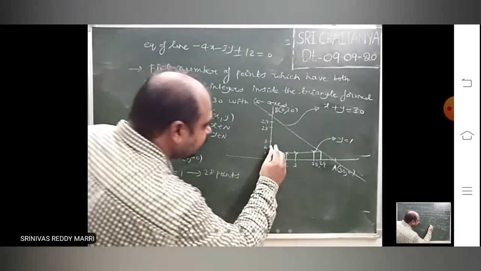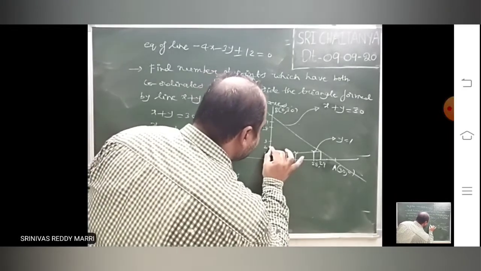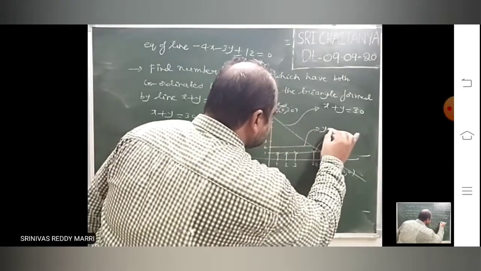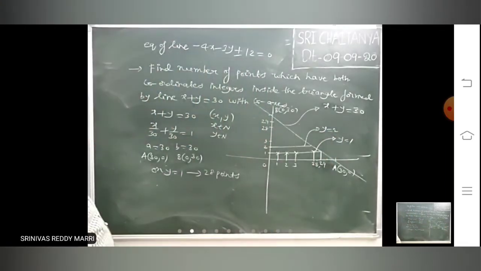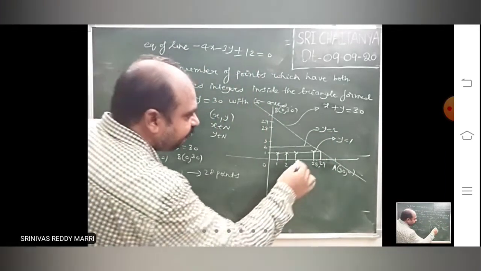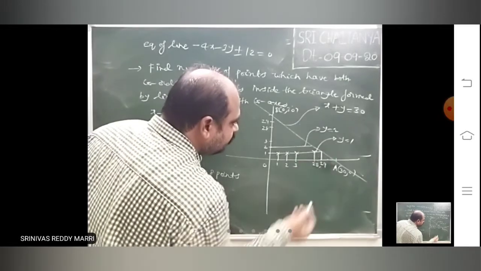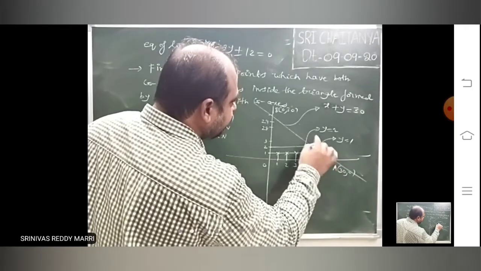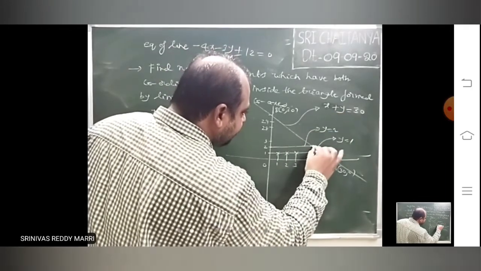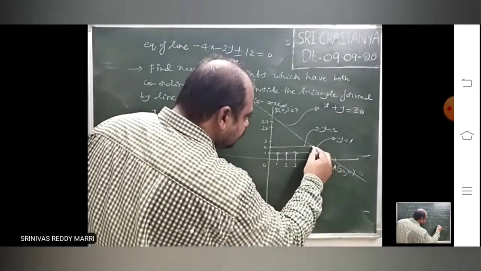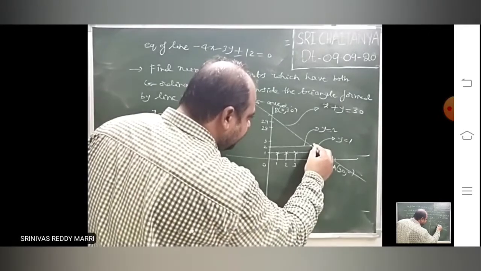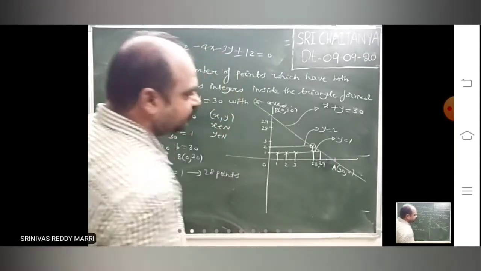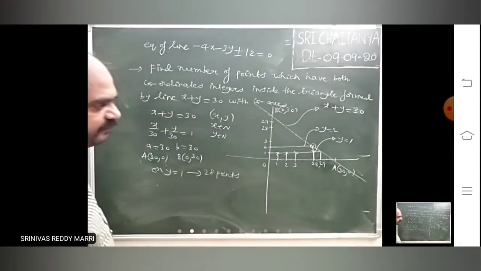Similarly, I am drawing the y equal to 2 line and finding out how many points are there. This is y equal to 2. Y equal to 2 means x is what? 28. That means this point is 2 comma 28, but that point we don't want.